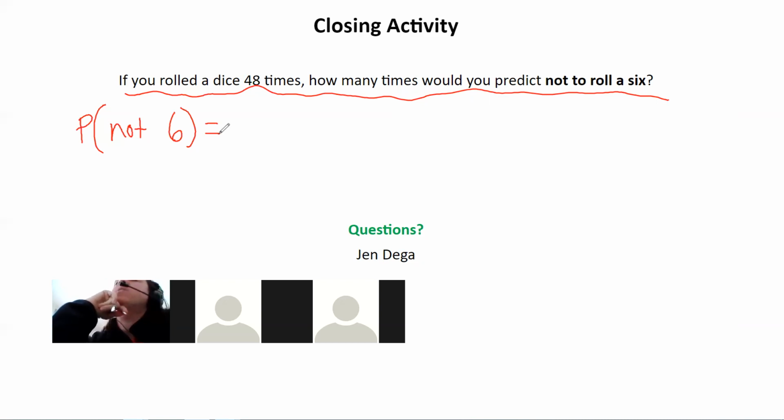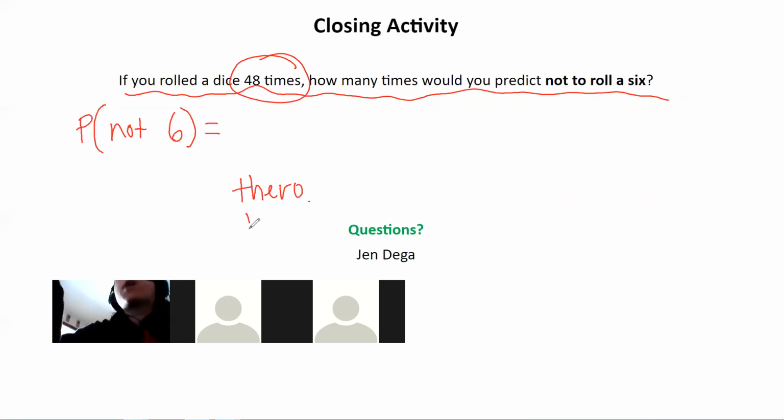Not 8, I would say. Oh, and you might, Sarah, you might be thinking about this thing. Don't worry about that for now. Before we can get to the 48, we first have to come up with our theoretical probability. Oh, that's okay, no problem.